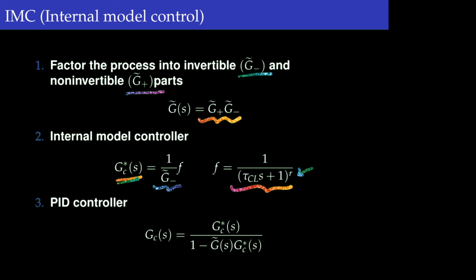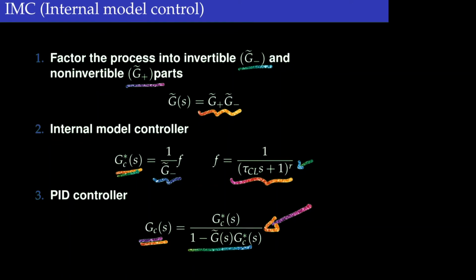Now if you get this Gc star, the final controller is obtained as Gc star over (1 minus G Gc star). From the block diagram analysis, it can be shown how this formulation came into play. We're not going to detail that part, because for this IMC method there are tuning rules available in tabulated form. Typically we directly use those rules.